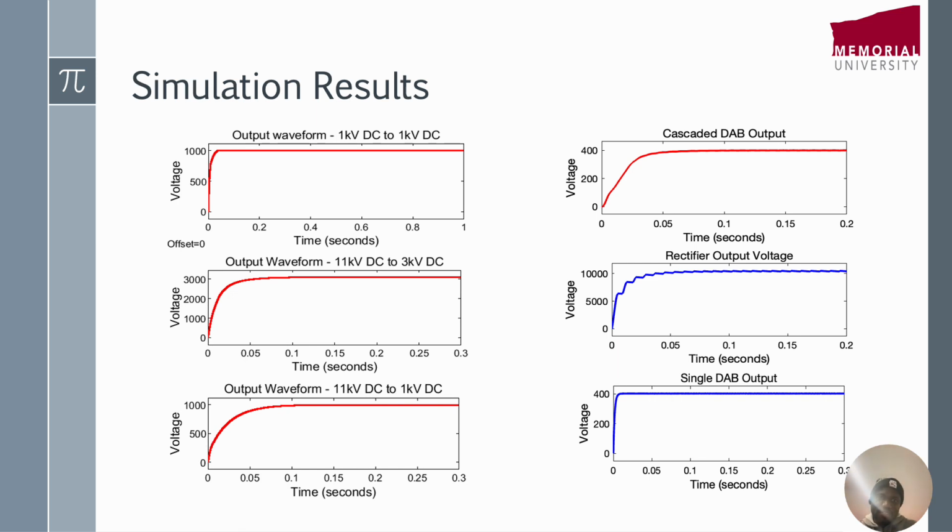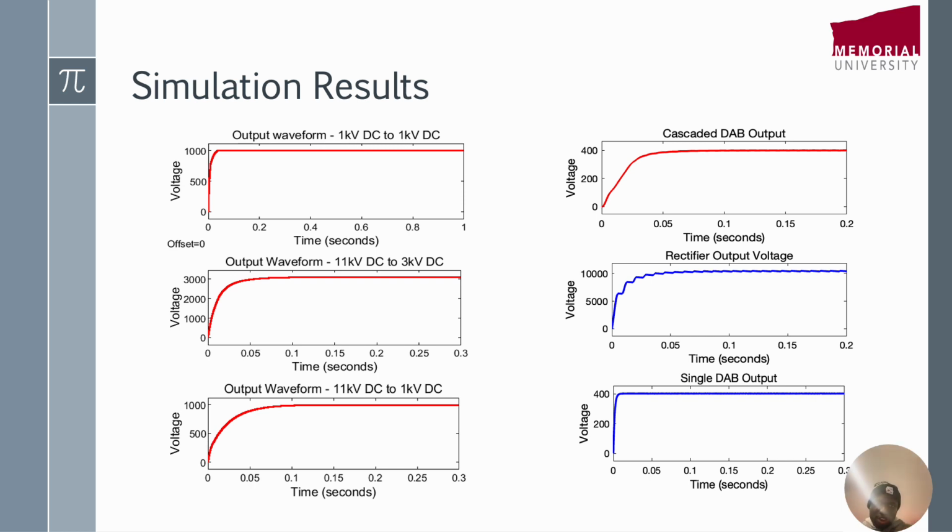And then if you look at the second one, which is the three graphs on the right hand side of the screen, the middle one shows a cascaded circuit whereby we just use three, just to show that we can achieve modularity just by connecting multiple modules together.